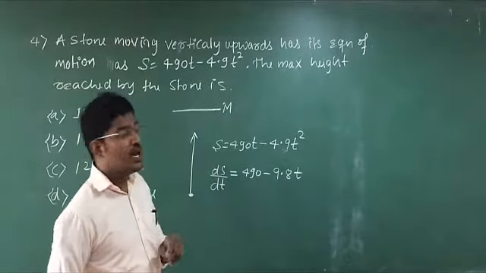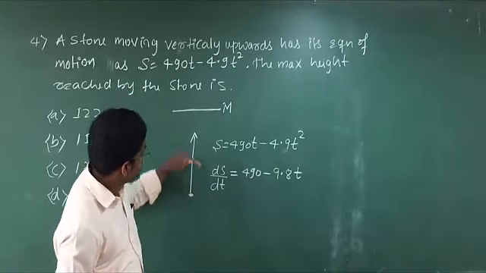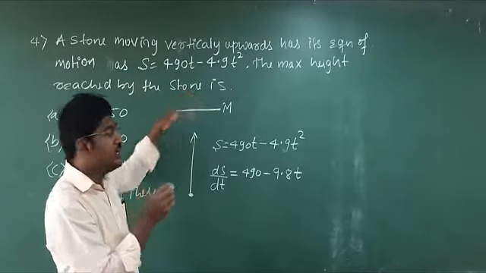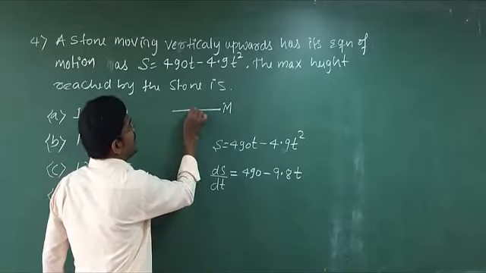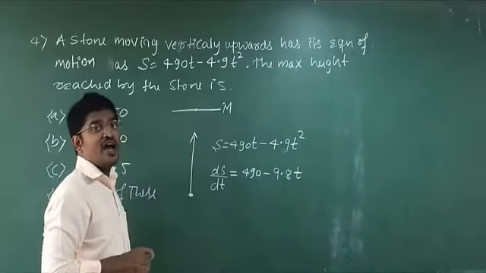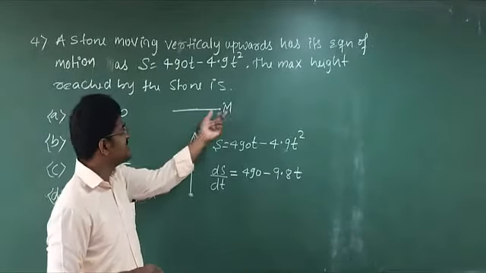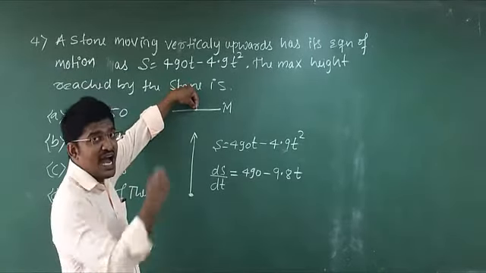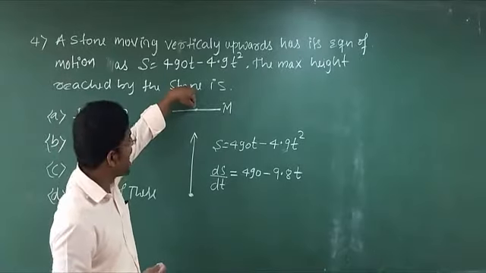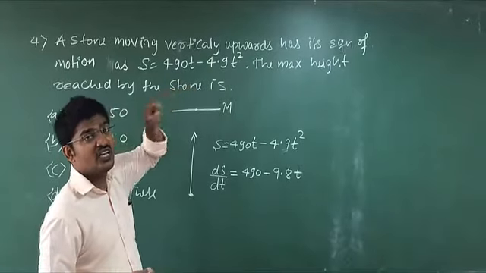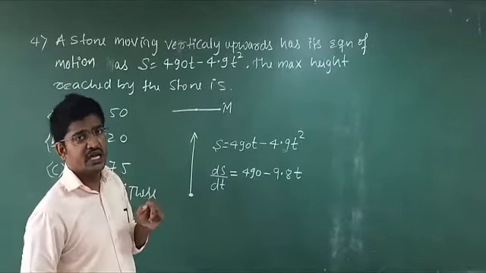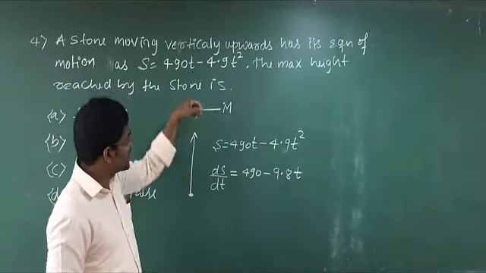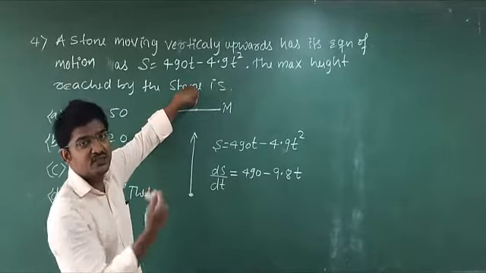So please see here, when it reaches its maximum height, the stone can reach here and it comes back at some particular point, that is m, maximum height, where it stops and it comes back. What is velocity? Please think. A stone is moving vertically, it reaches one point and it returns back.